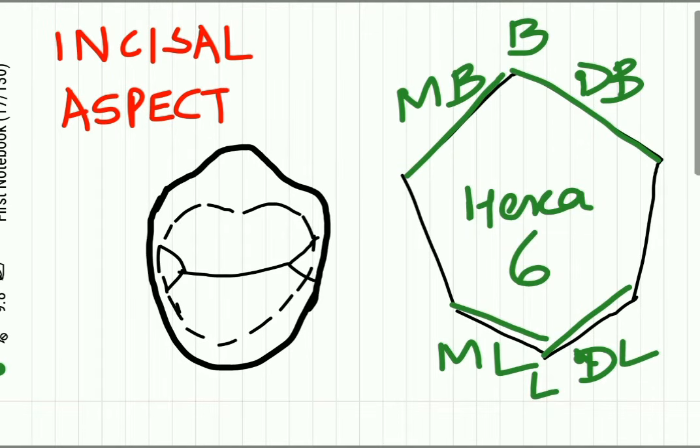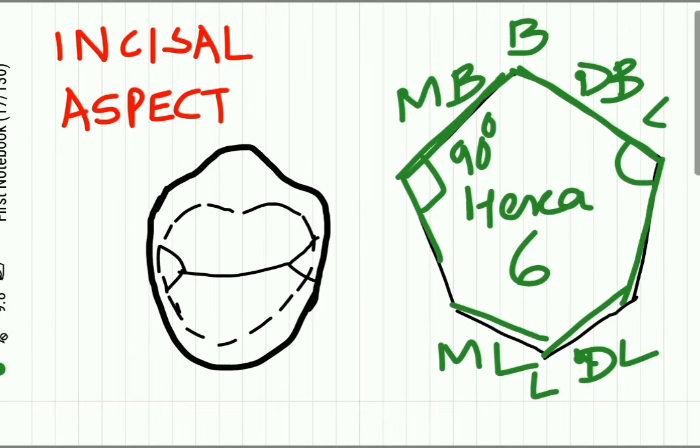Now, the occlusal surface of the maxillary first premolar is circumscribed by cusps and the marginal ridges. The angle formed by the convergence of the mesiobuccal cuspal ridge and the mesial marginal ridge is 90 degrees, while the angle formed by the convergence of the distobuccal ridge and the distal marginal ridge is not 90 degrees, it is less than 90 degrees.